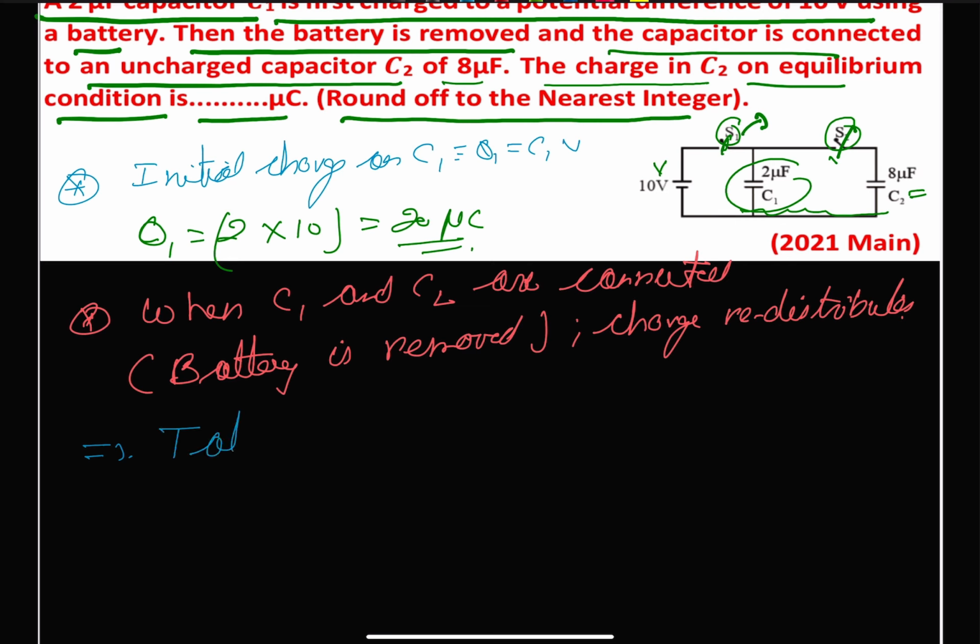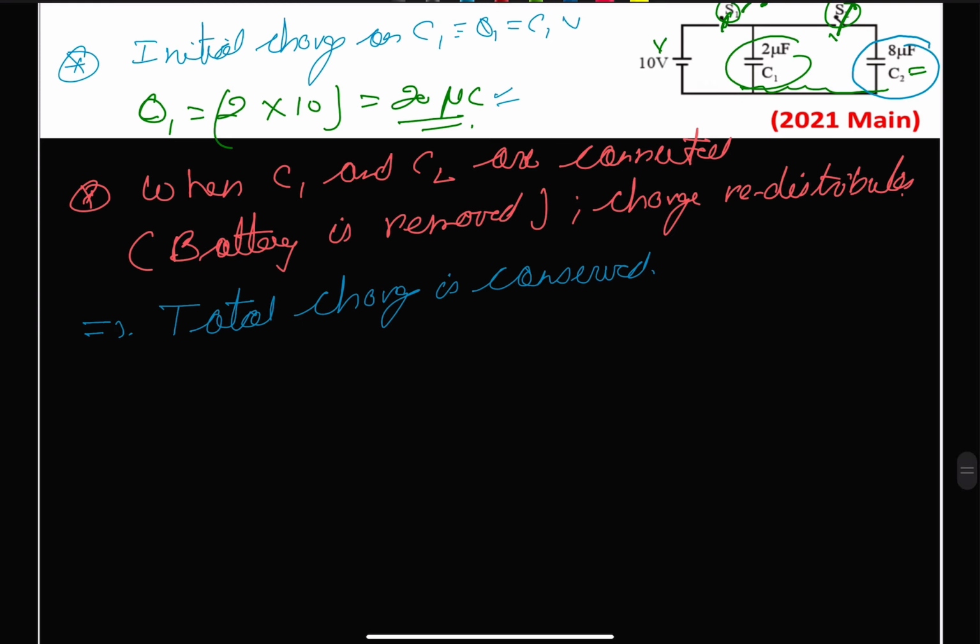Total charge is conserved. Initial charge on C2 is equal to 0. So total initial charge is our 20 microcoulomb.